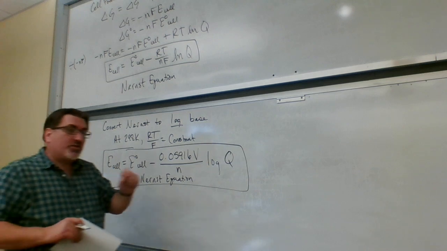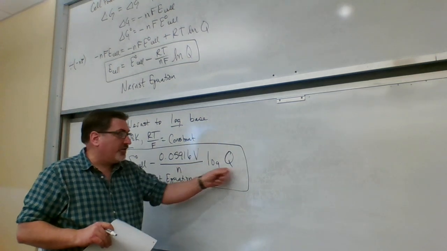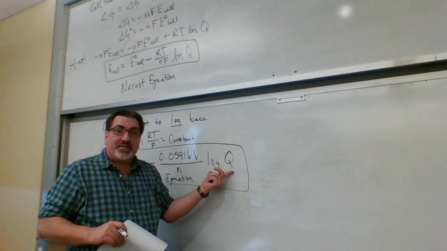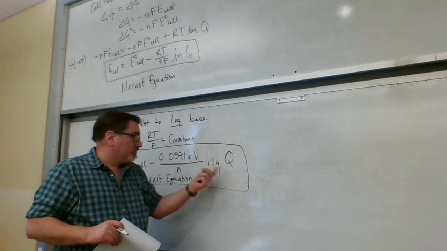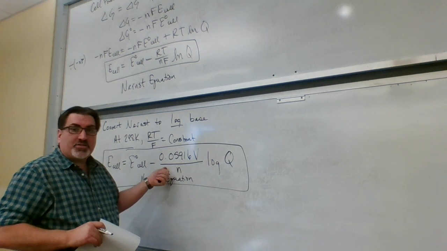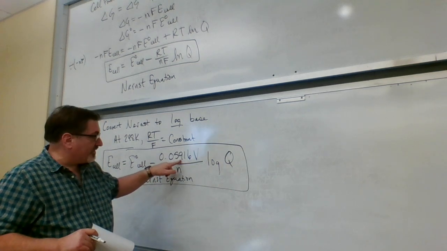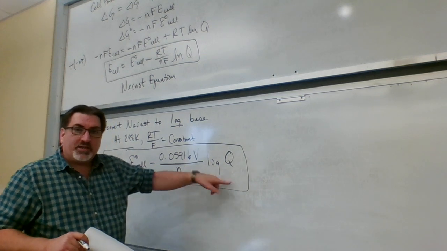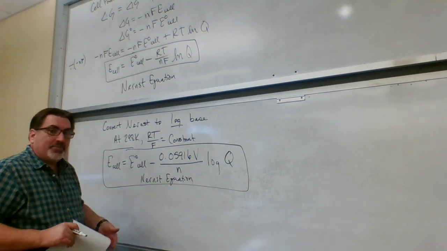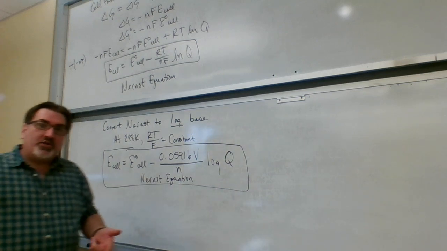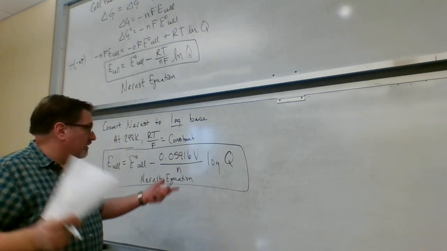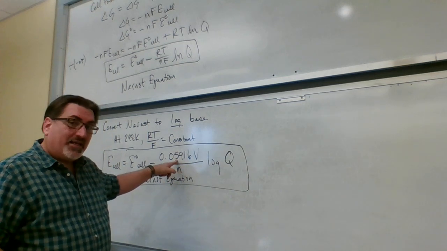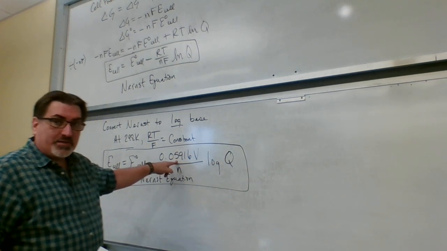One of the nice things about using the log version of Q here instead of the natural log is that as Q changes by a power of 10, the potential changes by 59 millivolts, or 0.05916 volts. That's the benefit of the log thing. You can kind of see if you're on the right track. If I raised my Q value by a factor of 100, then the potential should change by 2 times this. For every power of 10 change, this much potential changes.